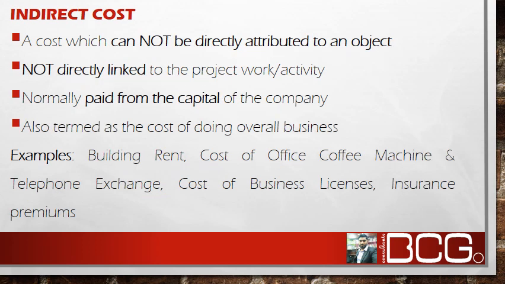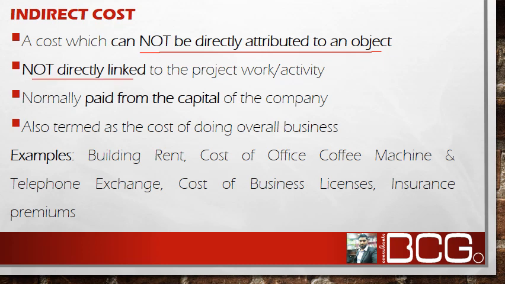Now, the second type is the indirect cost. These are the types of costs which are totally opposite to that of the direct cost. Simply, these are costs which cannot be directly attributed to an object.